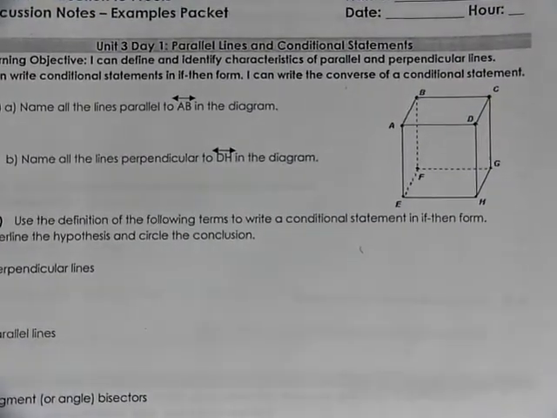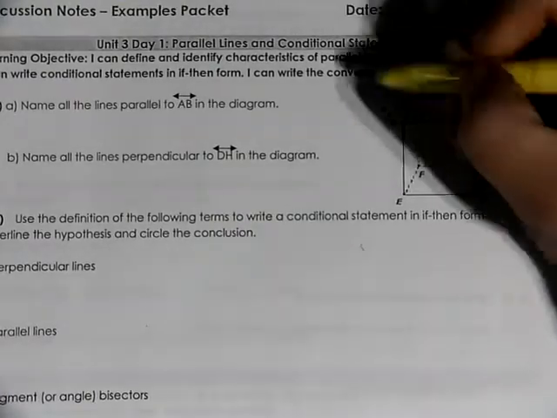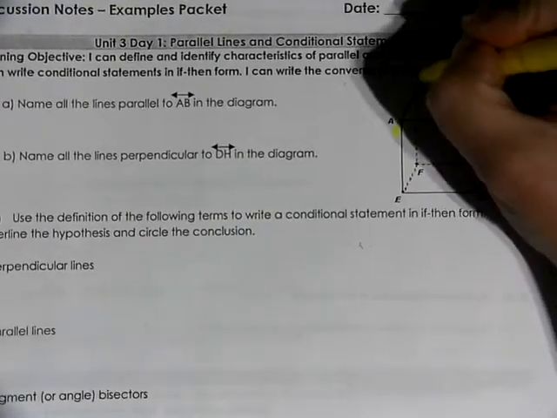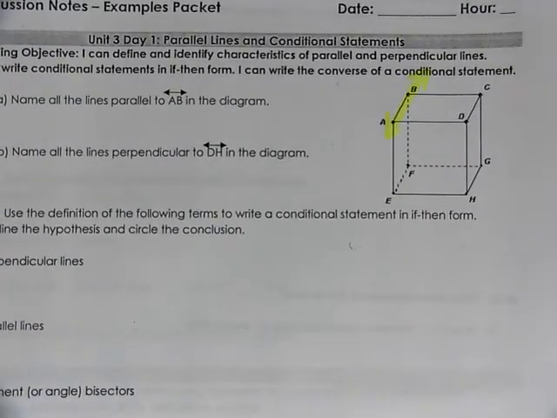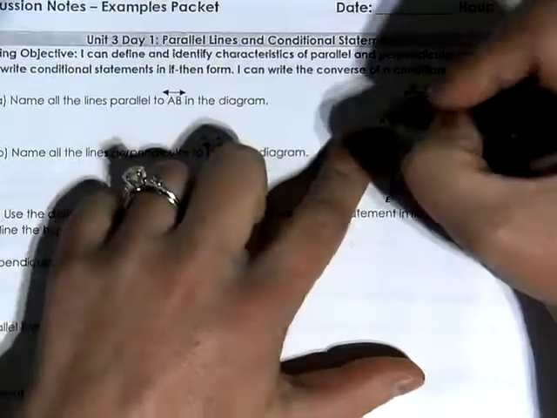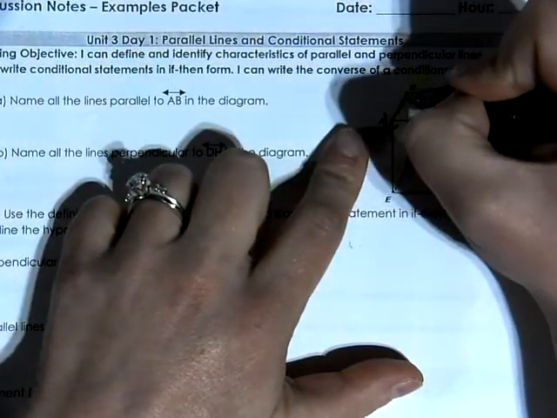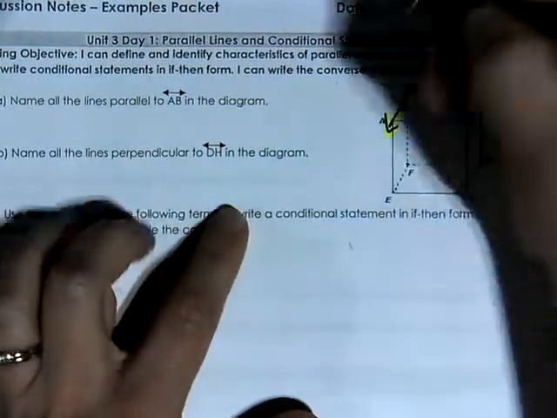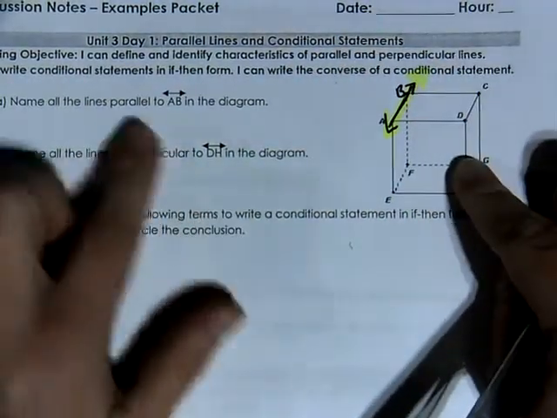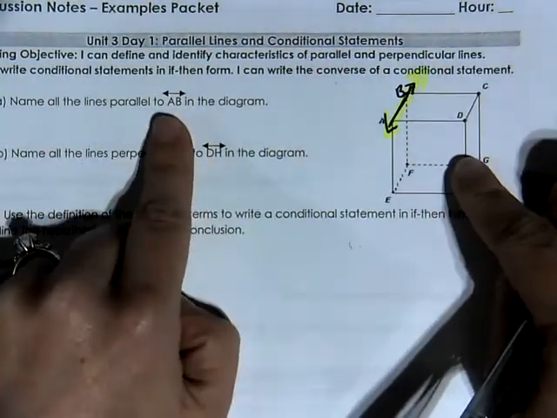So let's go ahead and look at where line AB is located. As always for this class, I recommend that you have colors so that you can identify key pieces of information. So we're just going to pretend as if these segments are indeed lines, and here is where AB is. We want all lines that are parallel to AB.